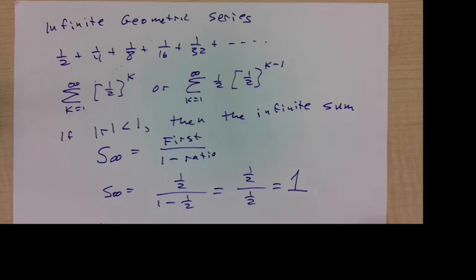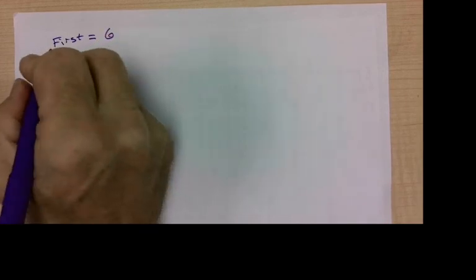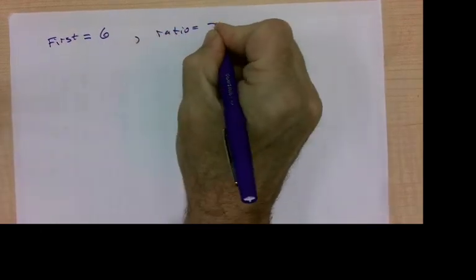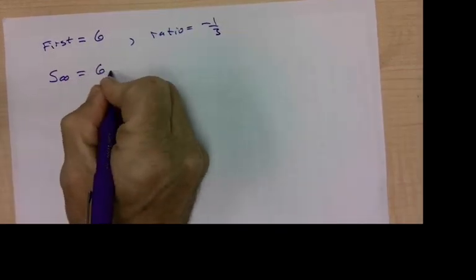So let's take a look at another one. This time I want my first term to be 6, and I want my common ratio to be negative 1/3. So what would S infinity be? It would be 6.